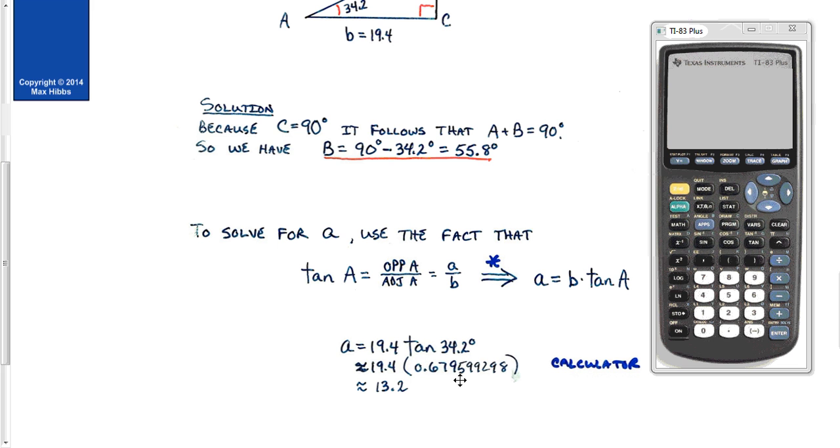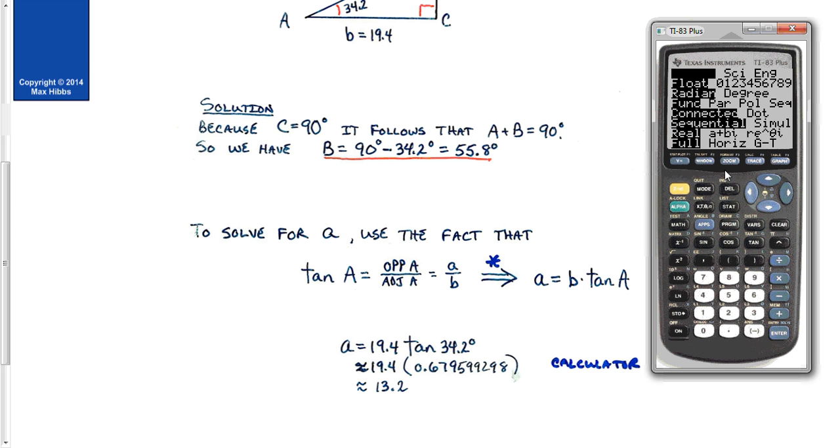Now, I've actually shown the result here of finding the tangent of 34.2 degrees. But one of the things that I need to remind you of here is that we've got to make sure that we're in the correct mode.